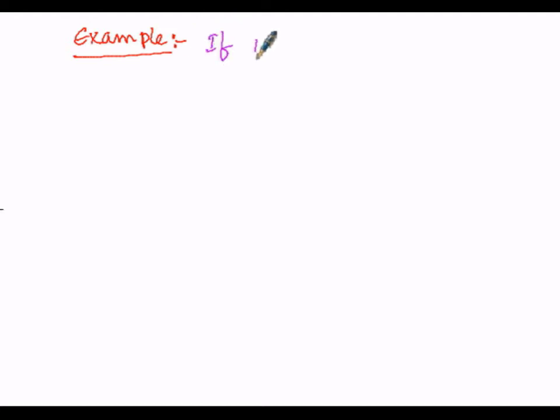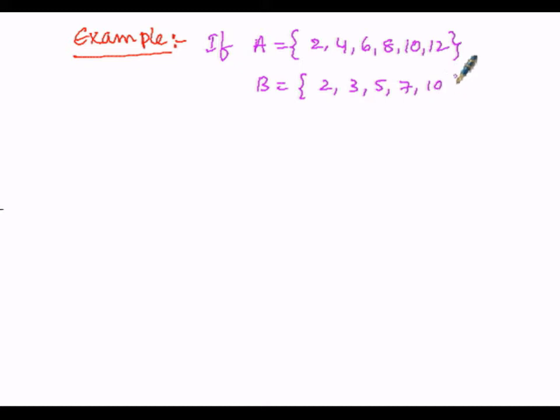If set A elements are 2, 4, 6, 8, 10 and 12, and set B elements are 2, 3, 5, 7, 10, we have to find the symmetric difference of the two sets, that is A delta B. Solution starts now.